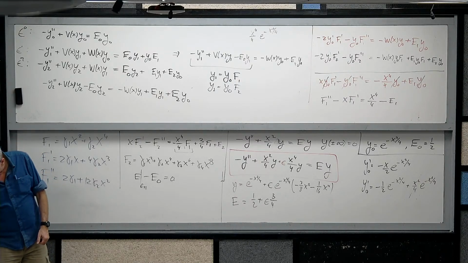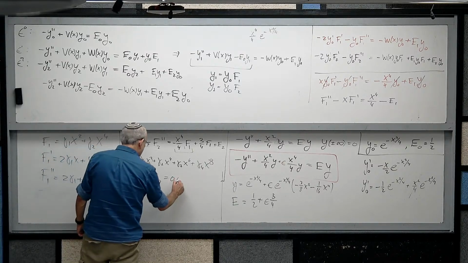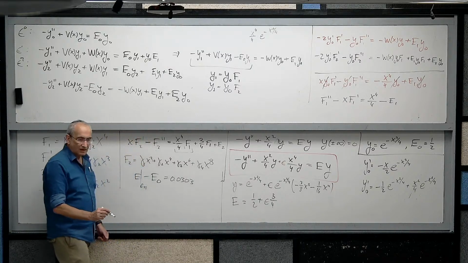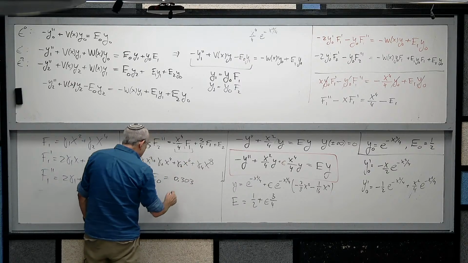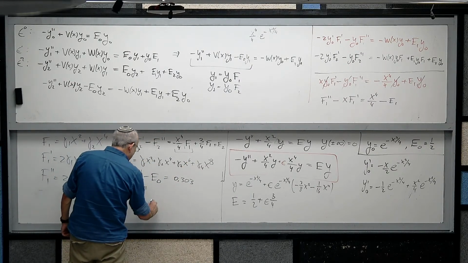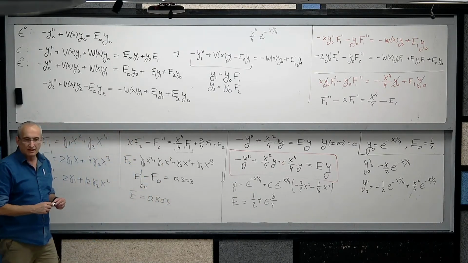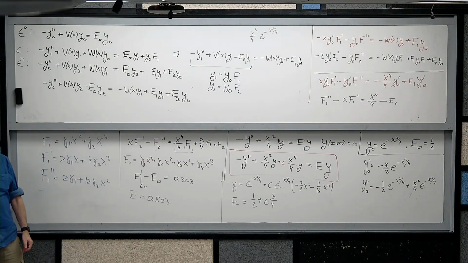It's .303. Yes. So E is 1/2 plus that. So it's 0.803.